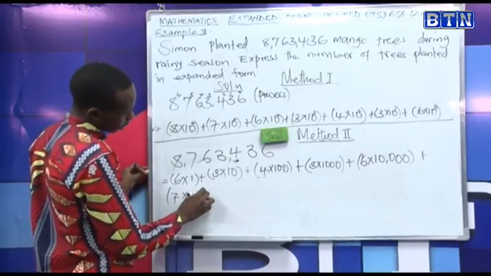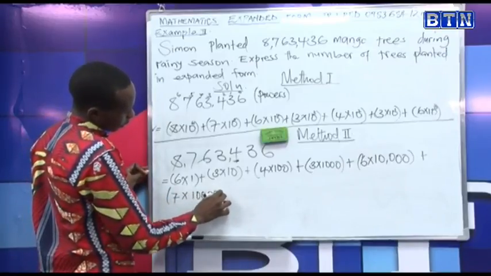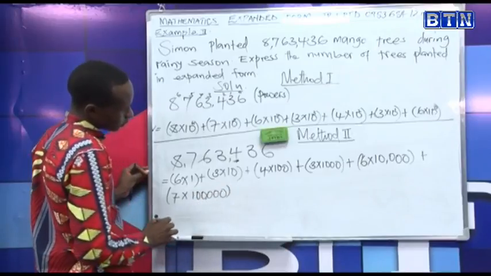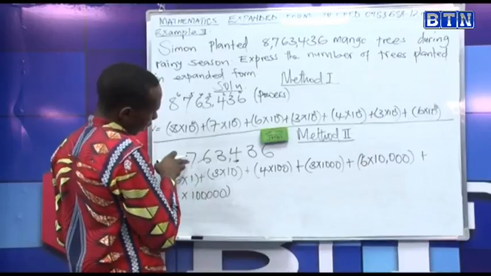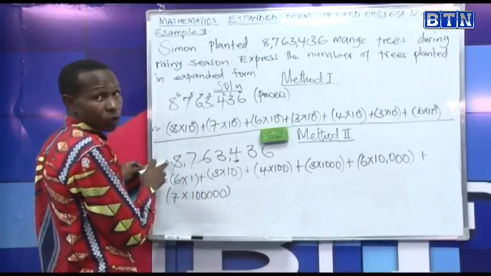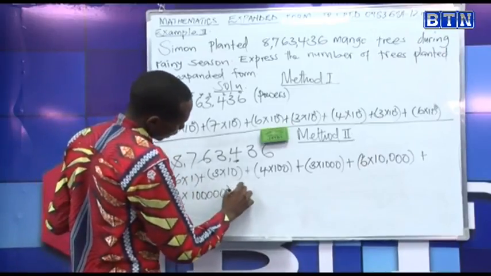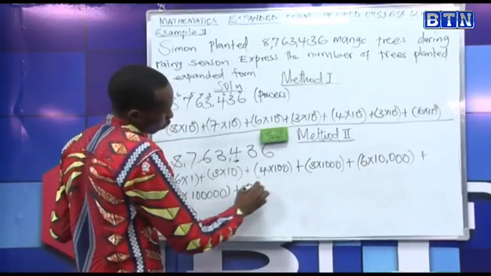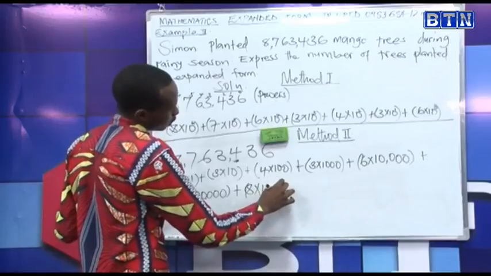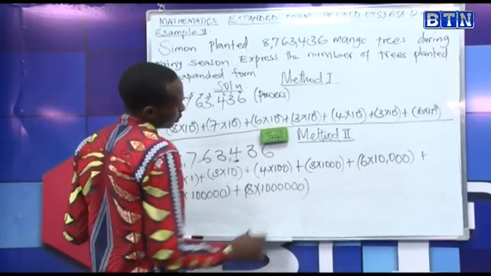So we shall have to multiply by 100,000. Then 7 is done. I want now to come to 8. So we shall also multiply 8. We shall say 8 times 1 million because it is under the place value of millions.